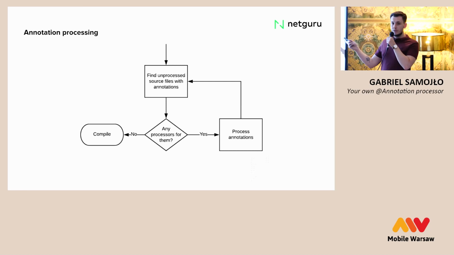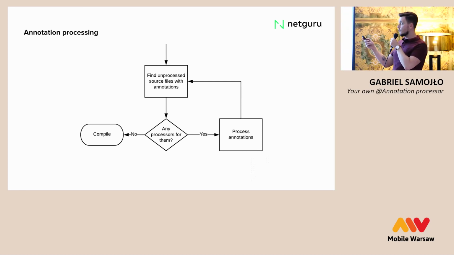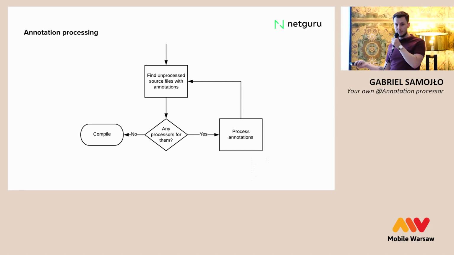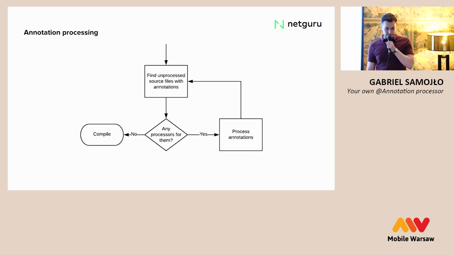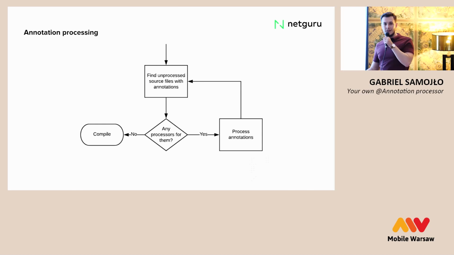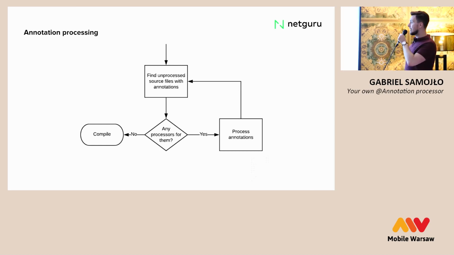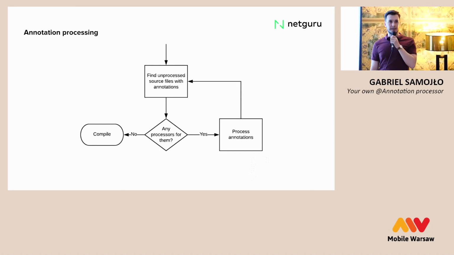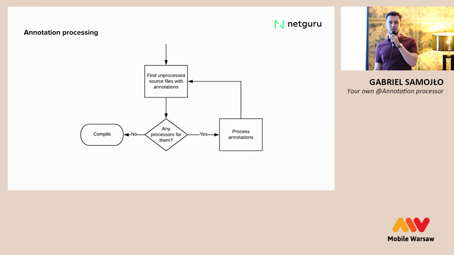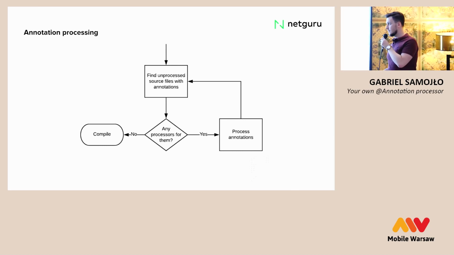And it goes in this loop of finding the source files, processing them, and going around and around. And if you ever wrote a for or while loop in your life, and I assume that you have, you will notice that there can be a little problem here, that this thing can go into an infinite loop, right?